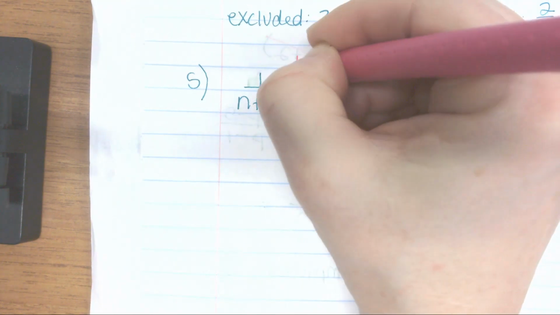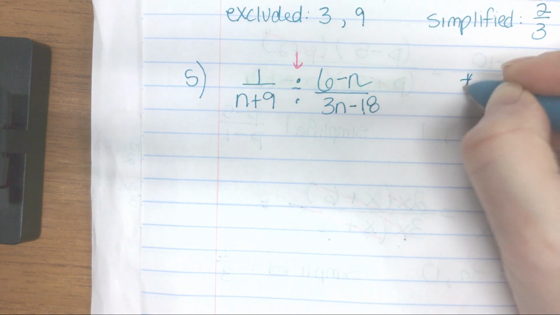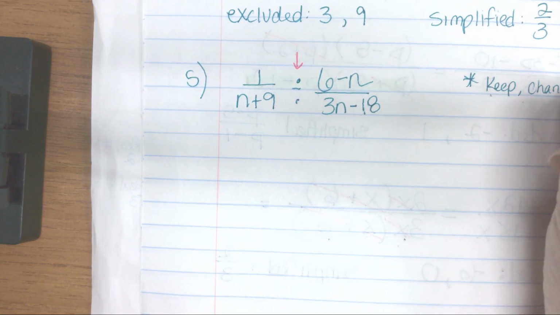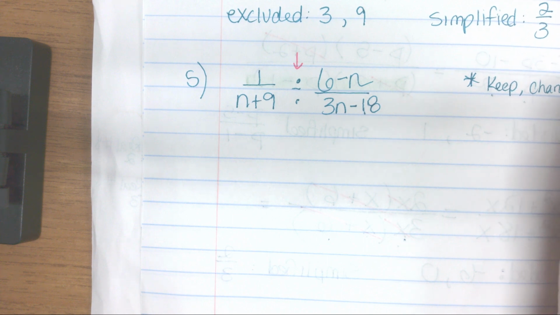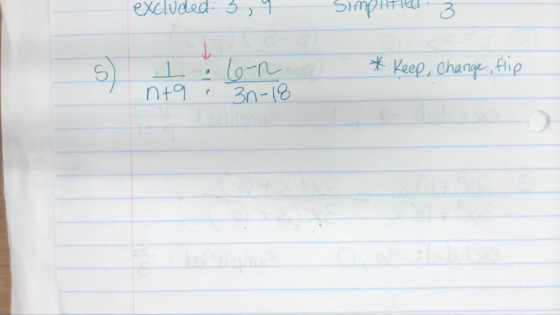Because of this division symbol, we are going to rewrite it. So if you forgot that, keep, change, flip. Or the formal way of saying that is when you multiply by the reciprocal, okay?